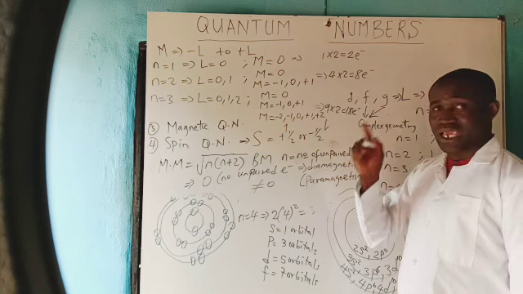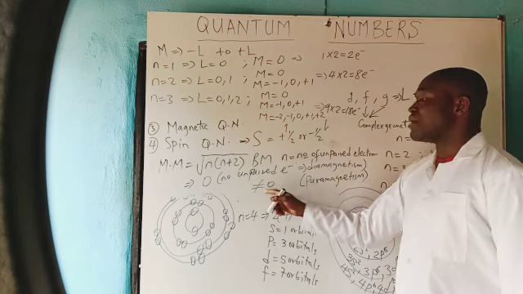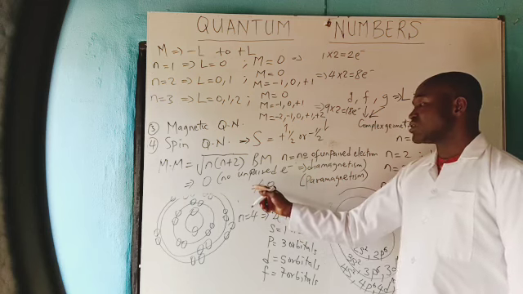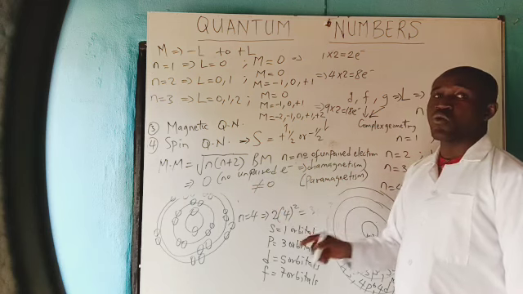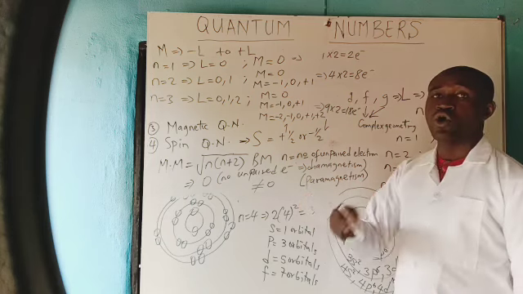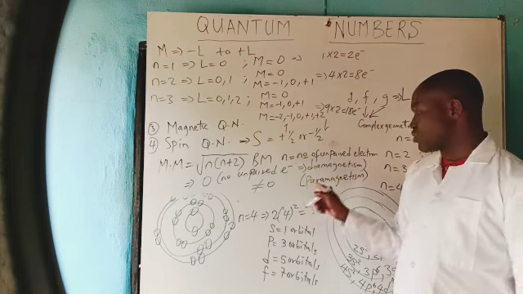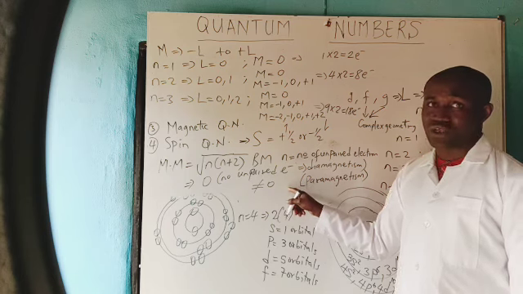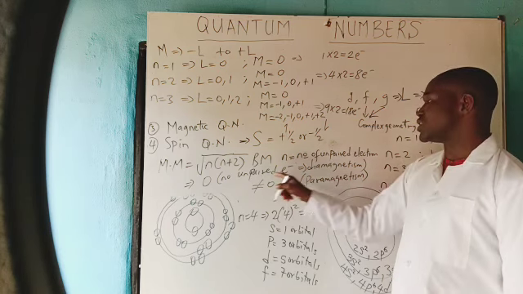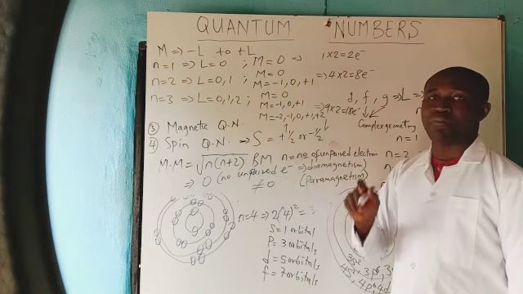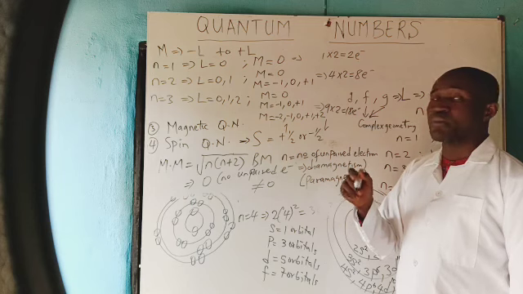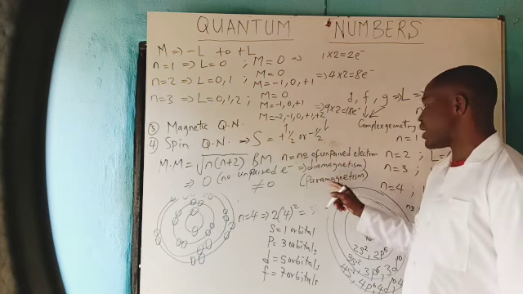Whereas the element whose magnetic moment is not equal to 0 is a paramagnetic element, that is, it has unpaired electrons. That is why we call it paramagnetic element. So the phenomena are called diamagnetism and paramagnetism.